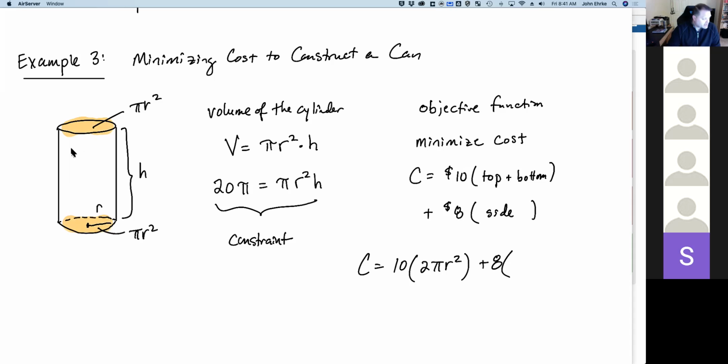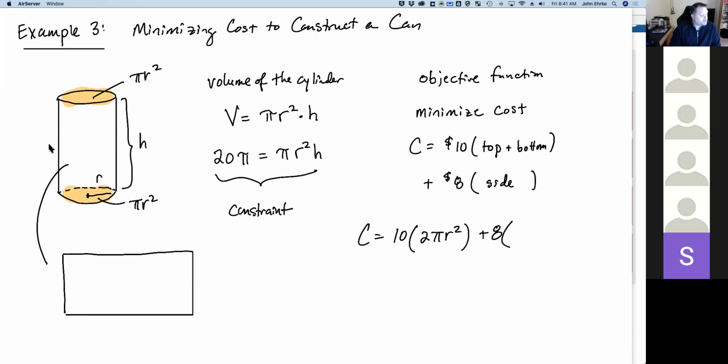Rectangle? It's a rectangle. So it's the same thing here. If you take the label off the can and open it up, then what you will get is the surface area of the can, which turns out to form a rectangle. My question is, what are the dimensions of the rectangle that would be formed?